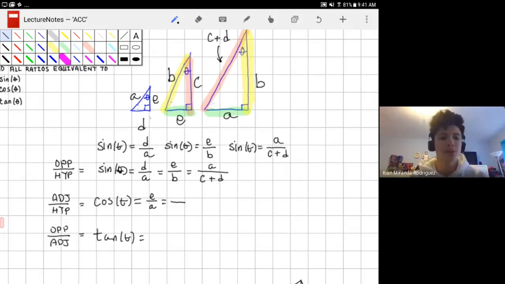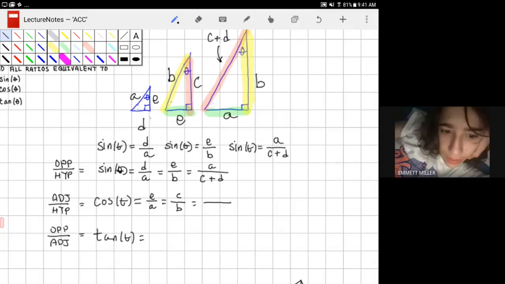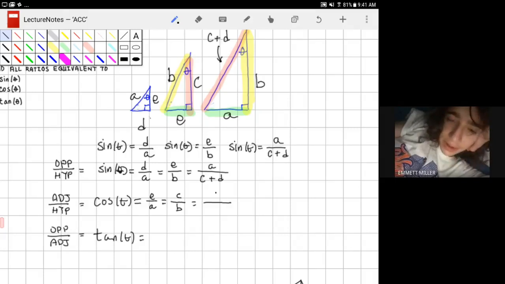Would that be C over B? That would be C over B. Emmett, what would it be for the big triangle? It would be B over C plus D.